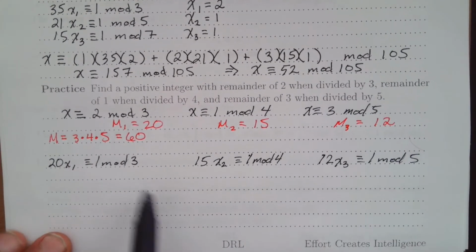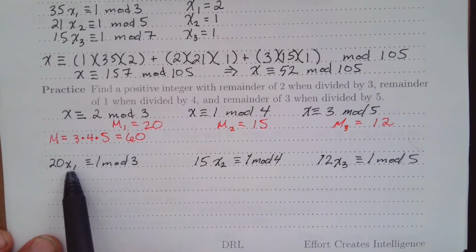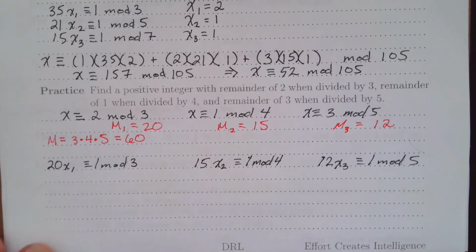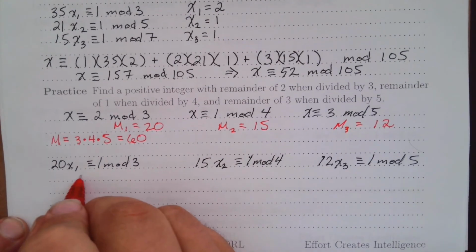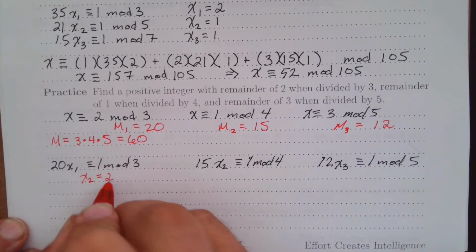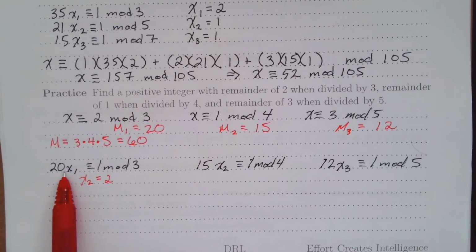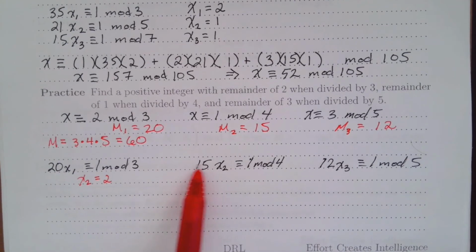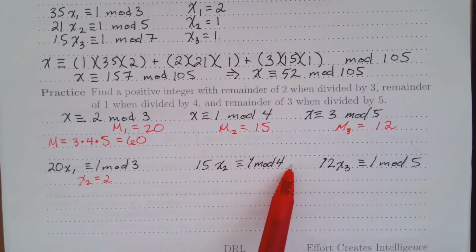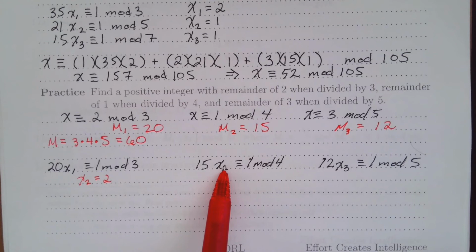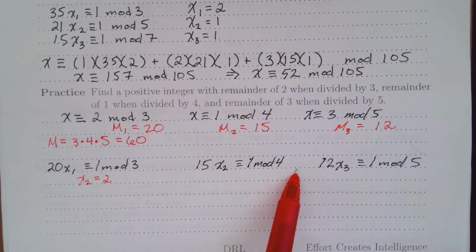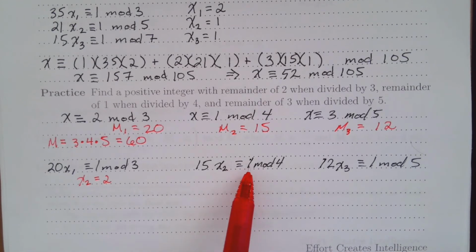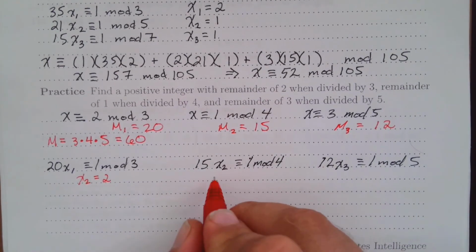So 20 times 1 will not work, but 20 times 2 will. And so I know that x sub 1 is going to be 2, because 20 times 2 is 40, and that's 1 more than 39. 15 times 1 does not work. 15 times 2, that's 30, that does not work. 15 times 3 is 45. 45 is 1 more than 44, so that works.